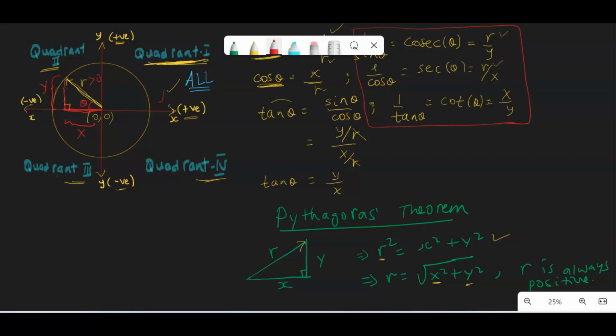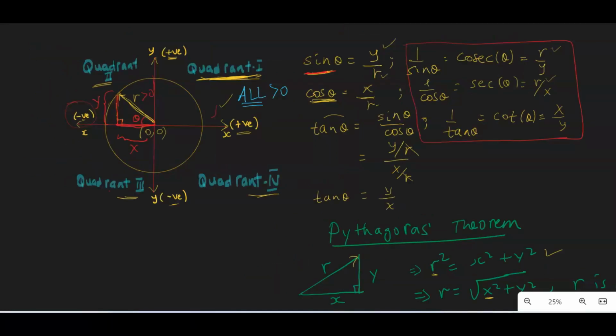As I said, in quadrant 2, the value of y is always above the origin point, which is 0. This value is positive, and the value of x is to the left of the coordinate, which is negative.